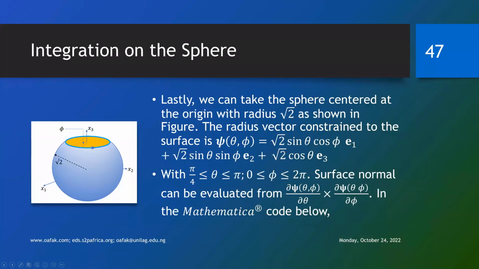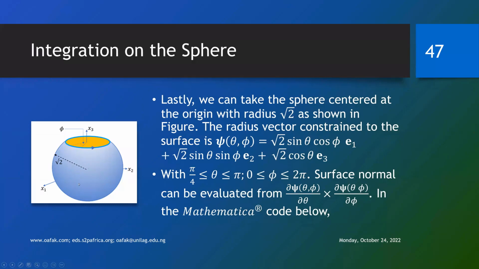So if you do that again and construct it using the spherical coordinates, which are very useful here, in this particular case it is the rho that is constant. The rho is constant at square root of 2, but theta and phi are varying. Theta starts from pi over 4 and goes to pi.